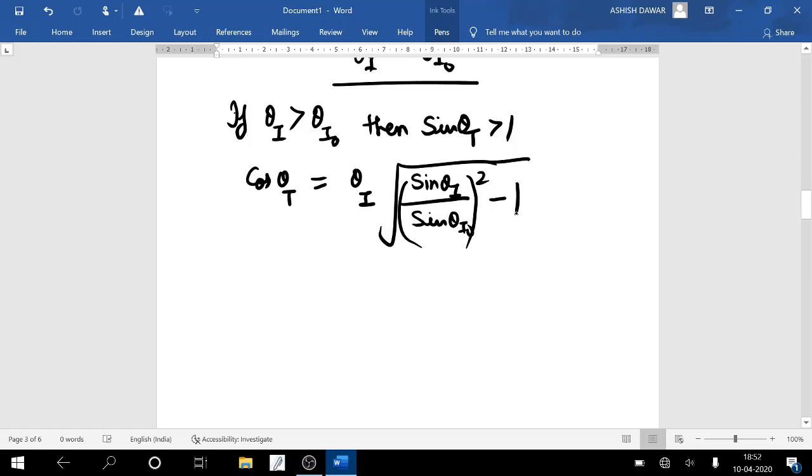So the meaning of these complex quantities becomes clear when we consider the propagation factor for the refracted wave.